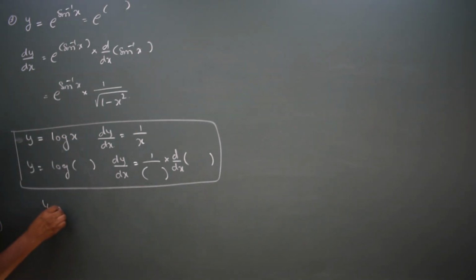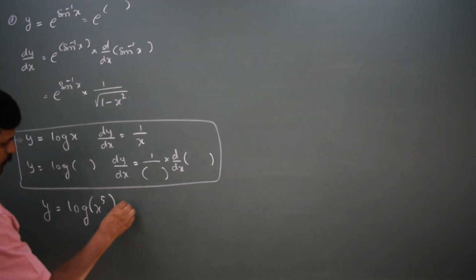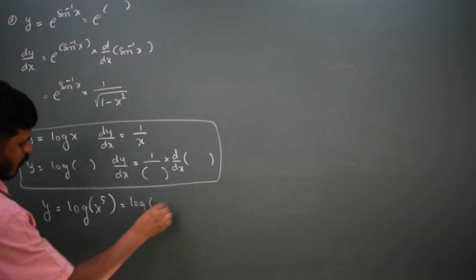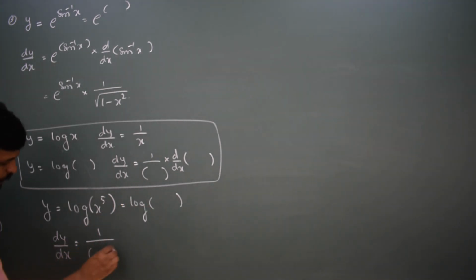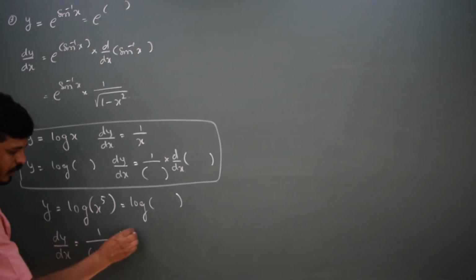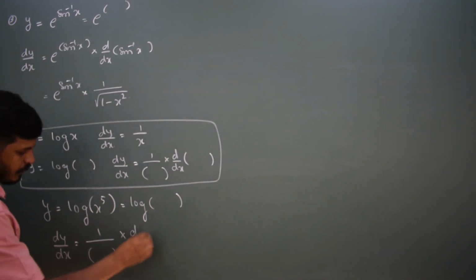So y is equal to, say, log of any function you can take, say x raised to 5. How to read this one? Read this as log of something. Now what is the differentiation of y with respect to x? It is dy by dx. What is log of something differentiation? 1 by something into differentiation of something.